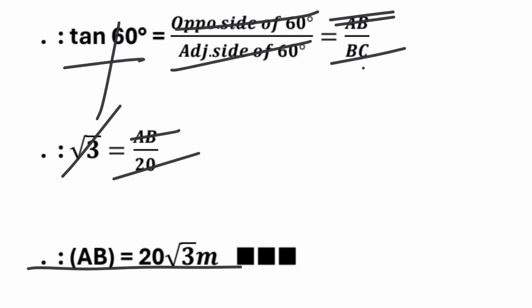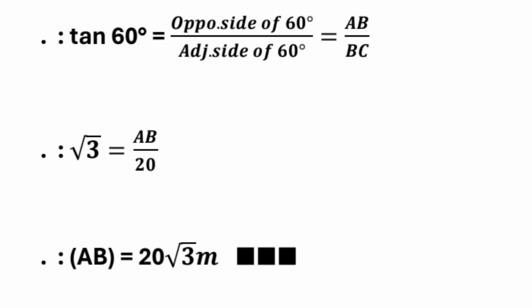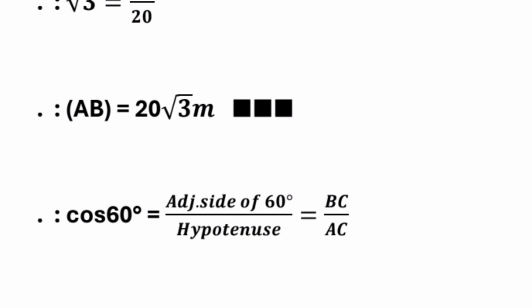Now in that same right angle triangle we use cos 60 degree because we want the length of the broken part. So we use cos 60 degree. Okay, so look here, cos 60 degree is equal to adjacent side of 60 degree.